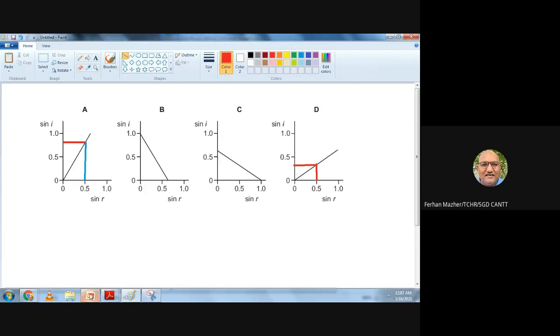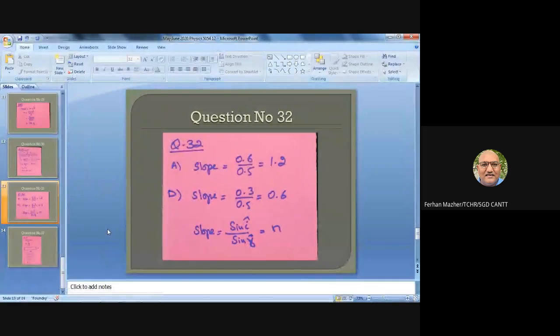I've done this on a paper. Slope for the D, 0.3 divided by 0.5 equals 0.6. But this slope represents the refractive index of the glass. 0.6 cannot be the refractive index of the glass. The refractive index of the glass is more than 1. So I think A is the right option.